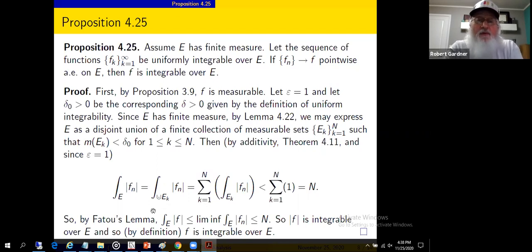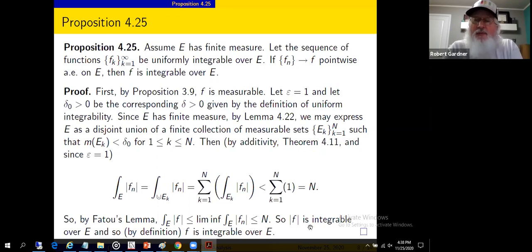Fatou's lemma applied to non-negative functions, wasn't it? And we had this bound N on all the integrals of the absolute values of the f sub n's. So the lim inf has that bound as well. It's less than or equal to N.